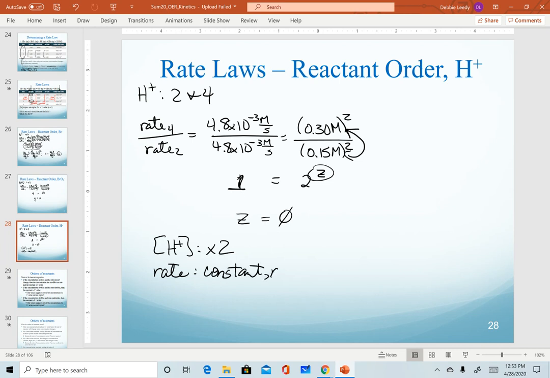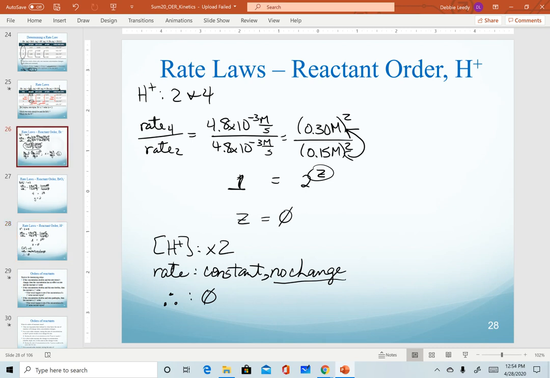It was constant, no change, stayed the same, however you want to phrase it, which means that the change in concentration of hydrogen literally has no effect on the rate of our reaction. And so therefore, this triangle of dots is a therefore. Therefore, hydrogen is 0 order.